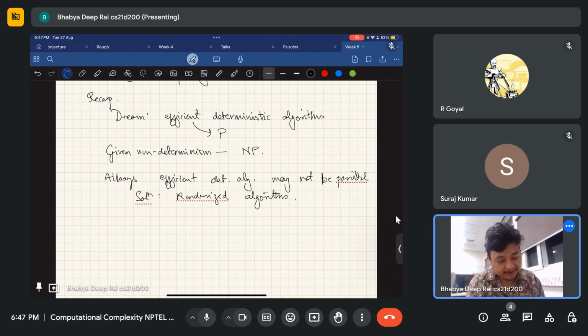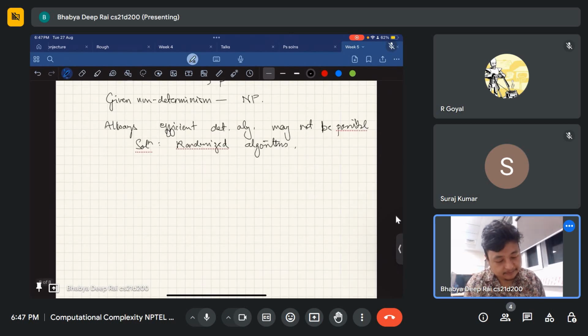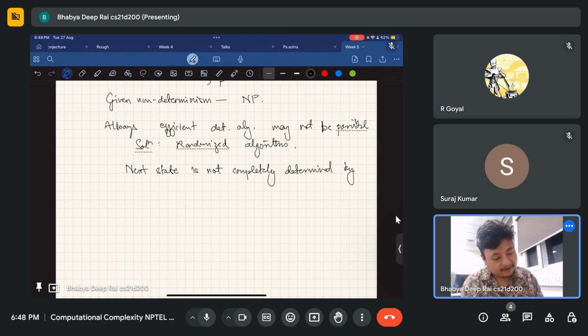So the next state is not completely determined by the current state.